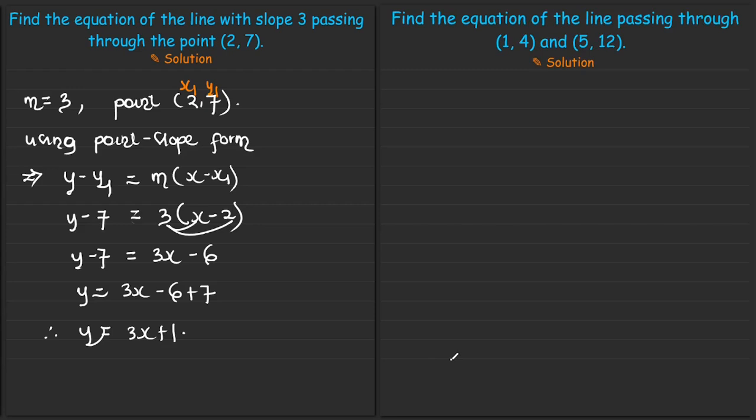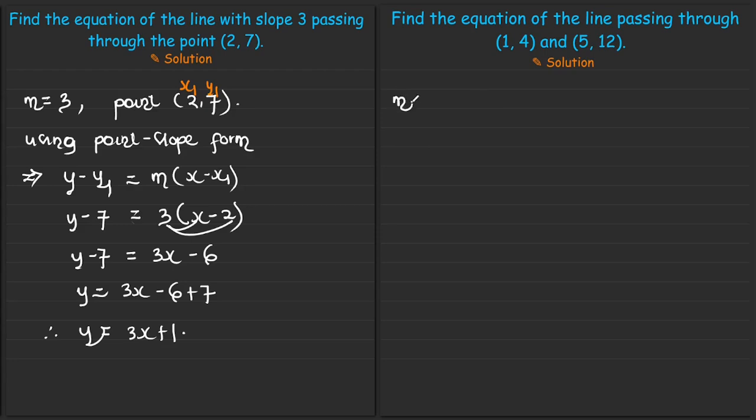So with this next question here, it says we should find the equation of the line passing through (1, 4) and then (5, 12). This time around, we've not been given the gradient, but we've been given 2 points on the line. So we would have to find the gradient ourselves. And we know the formula for the gradient.